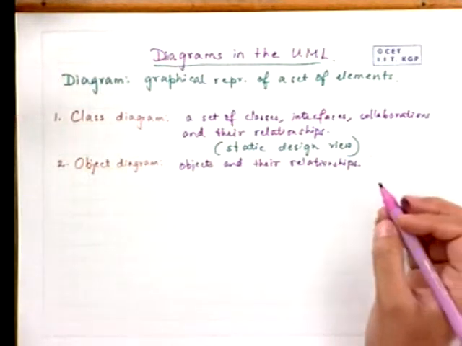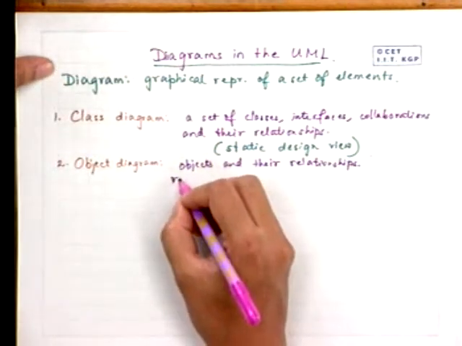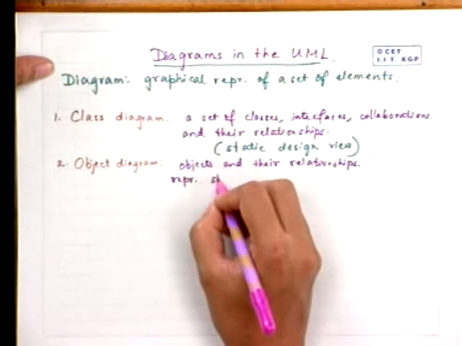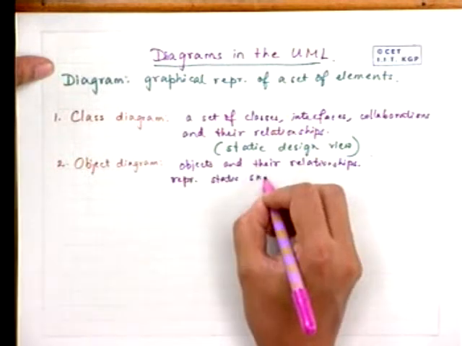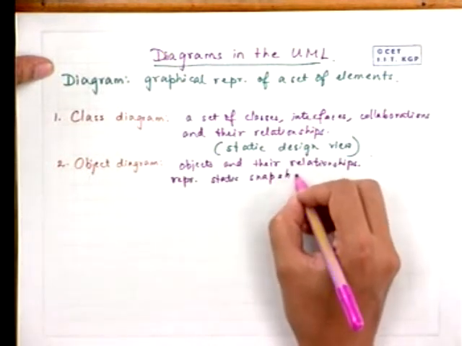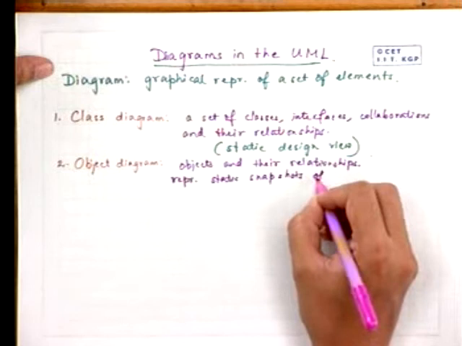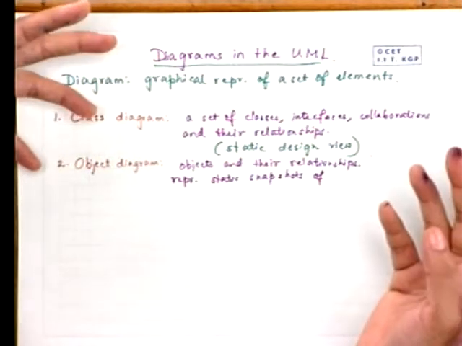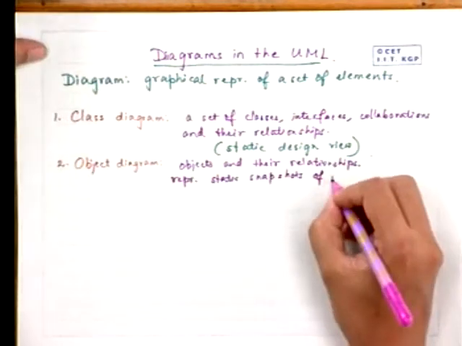So they represent the static snapshots of the instances of the objects that are found in the class diagram.